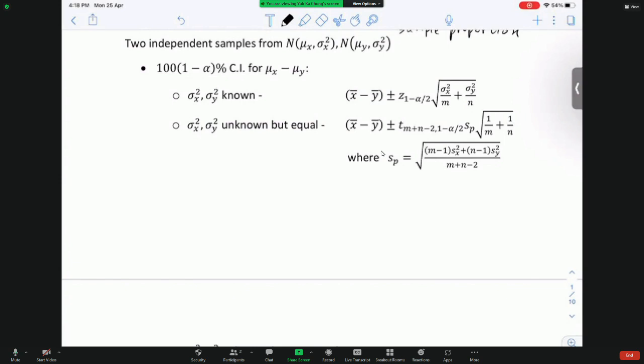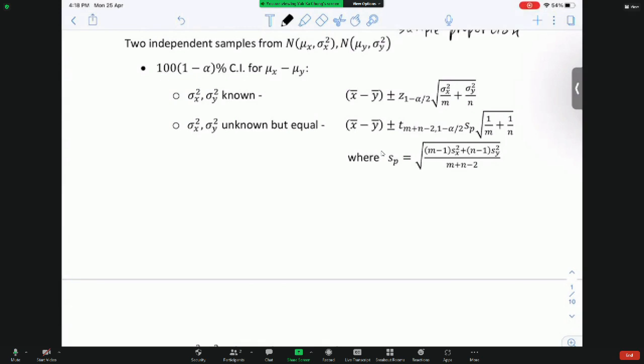Also starting with the difference in the sample means, plus minus a table value from the t distribution. But this time, the degree of freedom will be the sum of the degrees of freedom from the two samples, which is m plus n minus 2. And the standard error is computed making use of a pooled sample standard deviation, S_P, which is pooling the two samples together using this formula. And then put into this, you can get the confidence interval. You can refer to the lecture notes or video about the derivation of this.